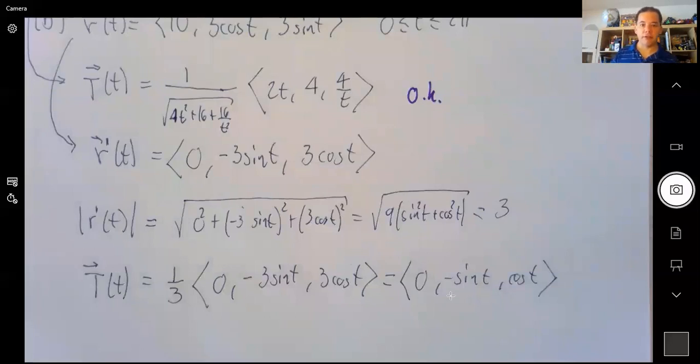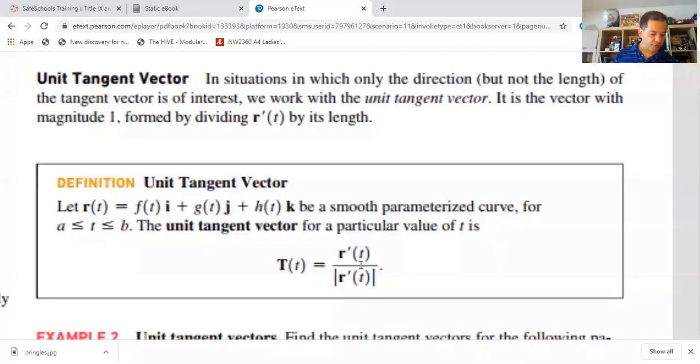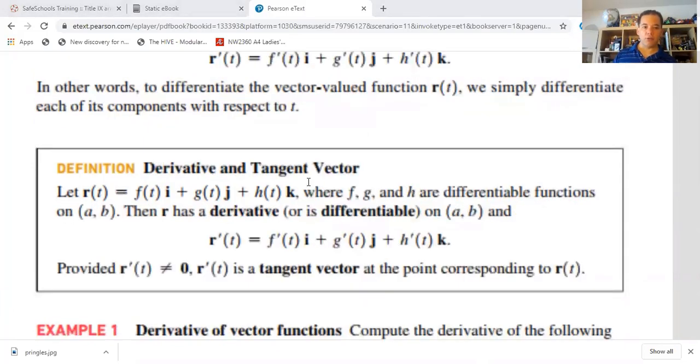So what else? Let's go to the book. The next important topic to talk about here is the different types of rules we have for derivatives, and they are going to be what you expect.